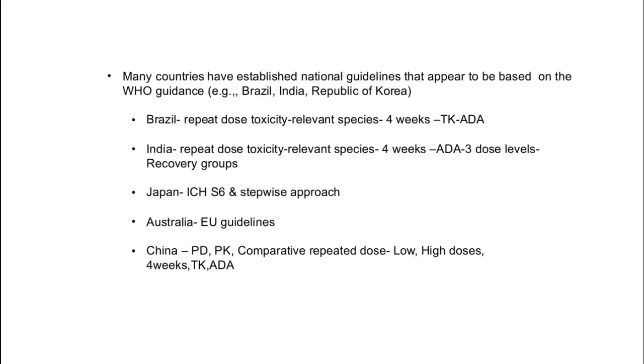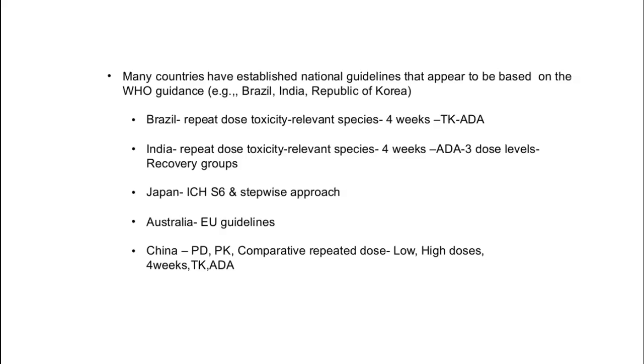Suppose you take Japan. They follow mostly the ICH guidelines, and they also go with the stepwise approach. But if you consider the Japan guidelines, the relevant species are not necessary. Even the repeated dose tox study can be done in a non-relevant species. So that is the exclusion in the case of the Japanese guidelines.